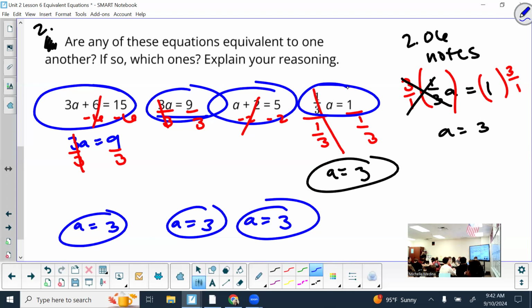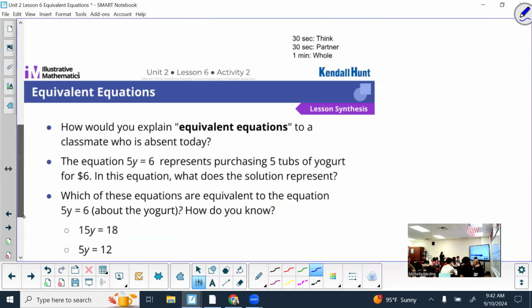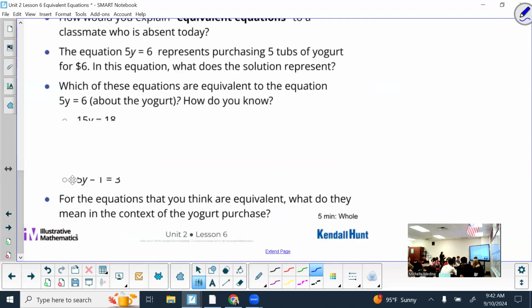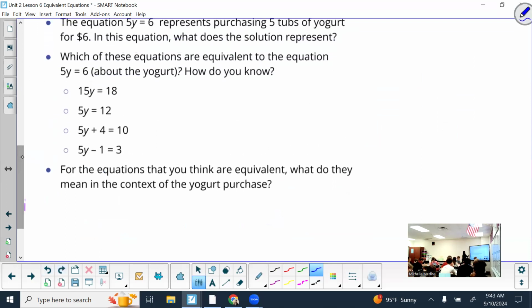Sometimes you can't necessarily solve for A, like sometimes there's more than one variable. So if you look ahead to number 3, or actually this one only has one variable as well, so that one's not too hard.